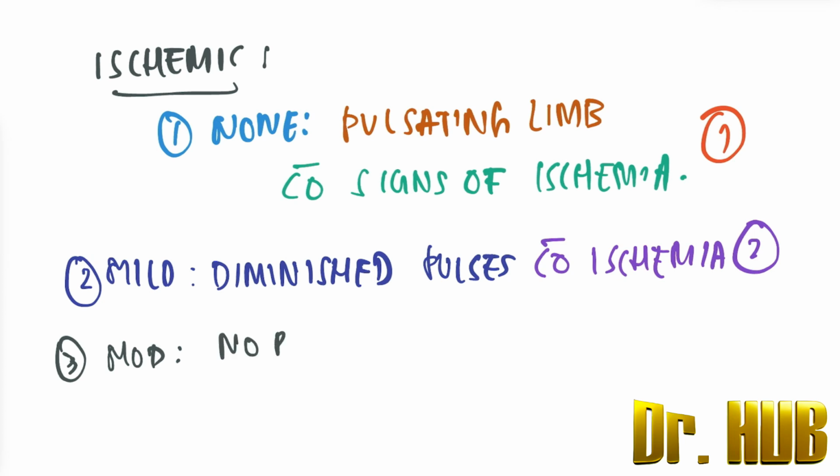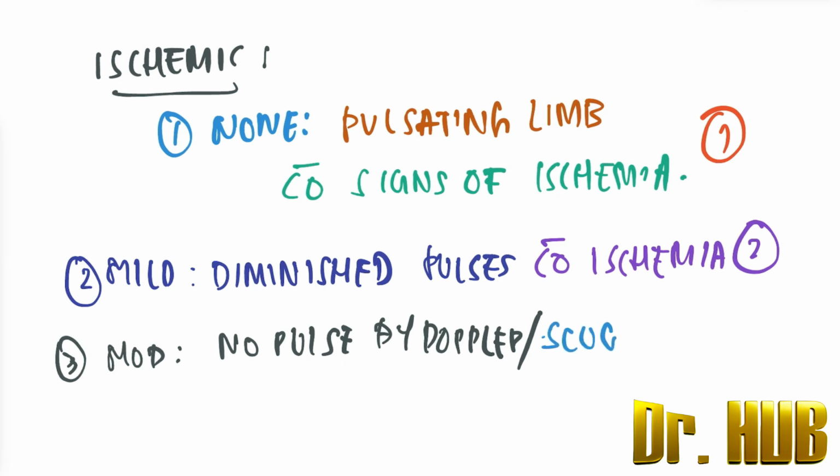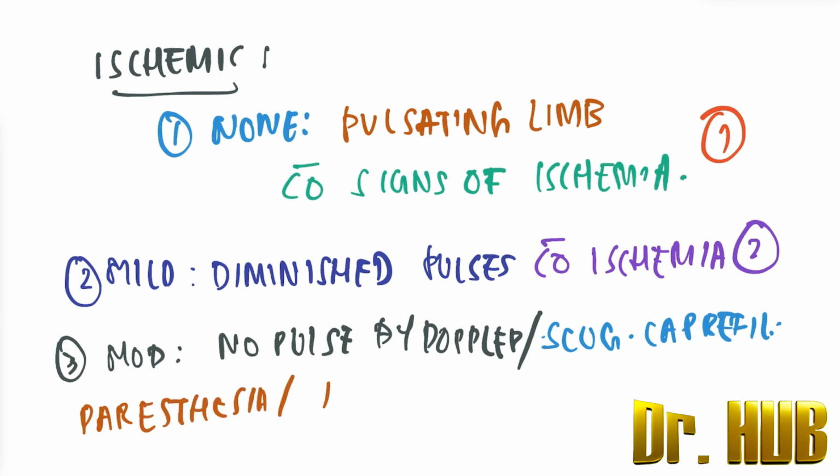Moderate means there is no pulse by Doppler, and there is a sluggish capillary refill. There is also paresthesia as well as diminished motor activity. So here the grading is 3.